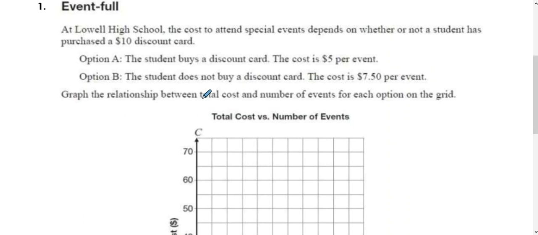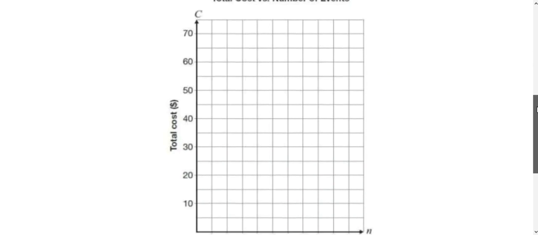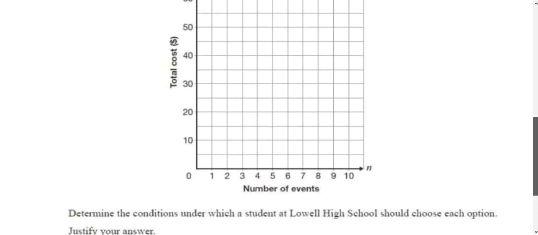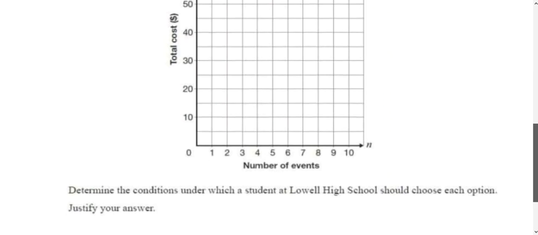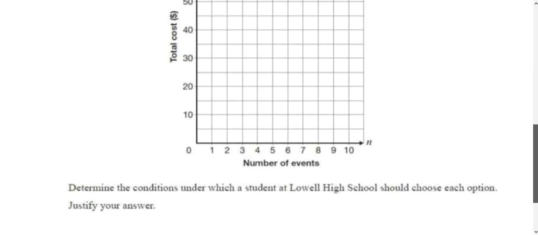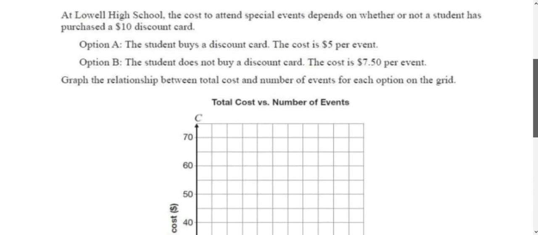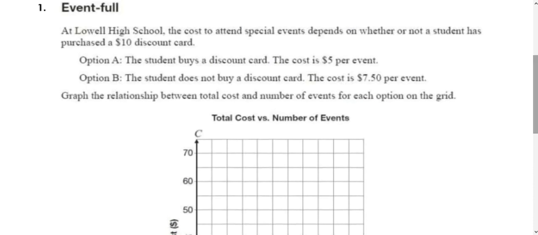Graph the relationship between the total cost and the number of events for each option on the grid. We're going to do that here in a second. Then it says define the conditions under which the high school should choose each option. Justify your answer. So we're going to take a look at two scenarios, and we're going to look at these scenarios in the eyes of two lines.